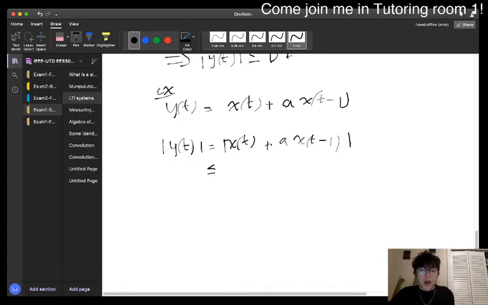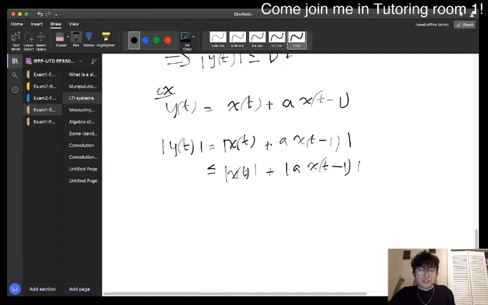The first step here is to break up this plus, and this is called the Triangle Inequality. So x of t, a times x of t minus 1, and we get this upper bound.